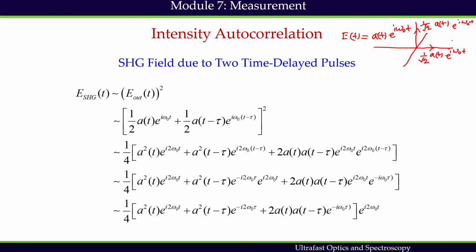Then due to the mirror, I have a mirror here. This beam will come back and again be transmitted through the 50-50 beam splitter. So that transmitted beam would again be 1 by square root 2 of that beam.